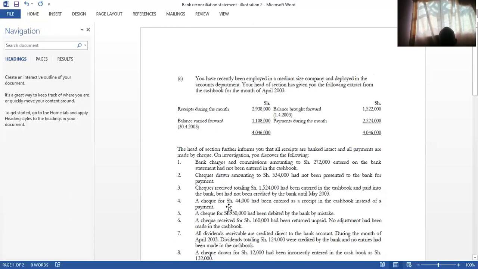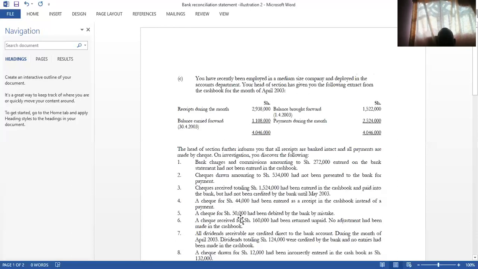To remove that, we need to debit by 44,000 so that it can cancel out. And then we put another 44,000 on the receipt side because it was supposed to be captured. If we put only 44,000, we would have canceled the error, but this amount would not have been posted where it belongs. So the first 44,000 cancels the 44,000 on the payment side, and then another 44,000 is put there because that's where it belongs.